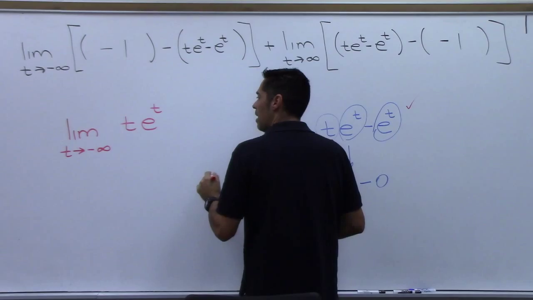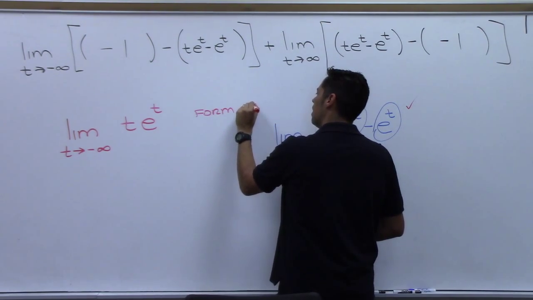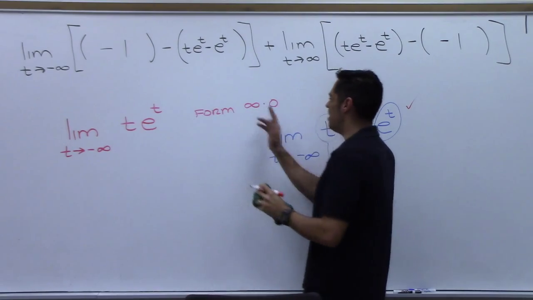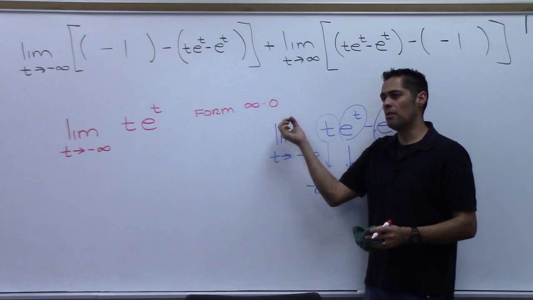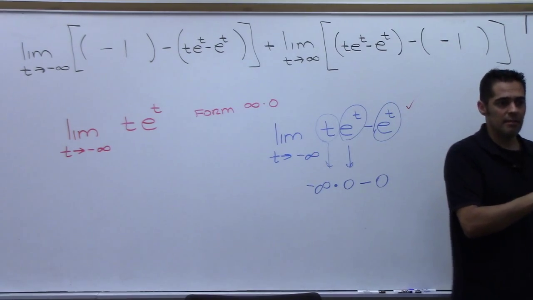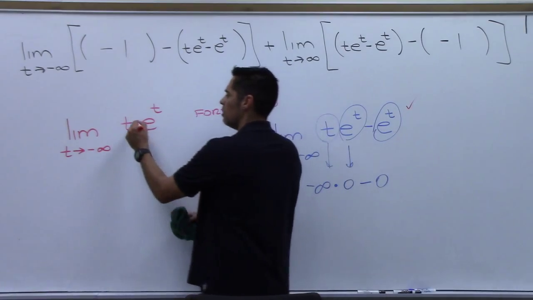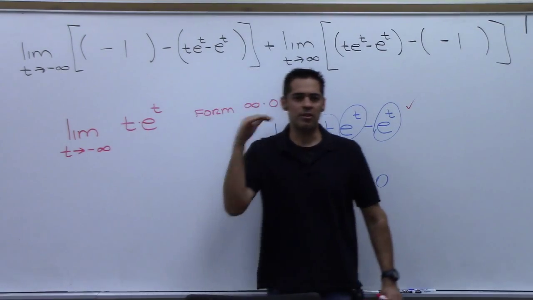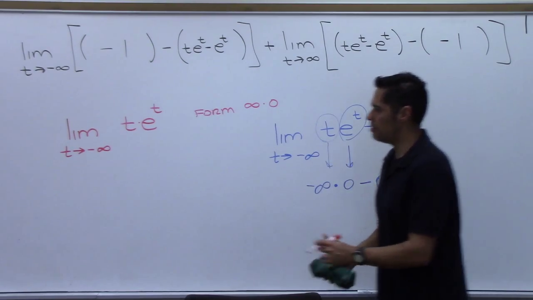I've already said that this has the form of infinity times 0. I don't care if it's negative infinity or positive infinity. I've got a big number times a really small number. And whenever we have that, we take one of the two factors, we get to choose, and we drop it to the denominator. Now, you can't just drop it. You're rewriting it. So watch.